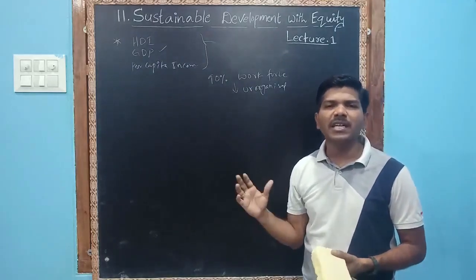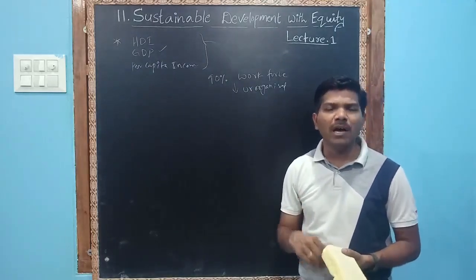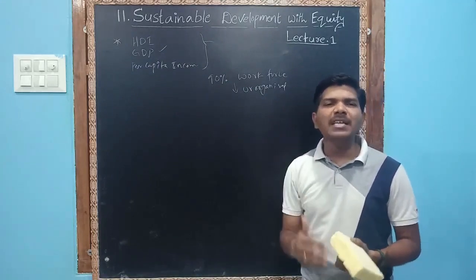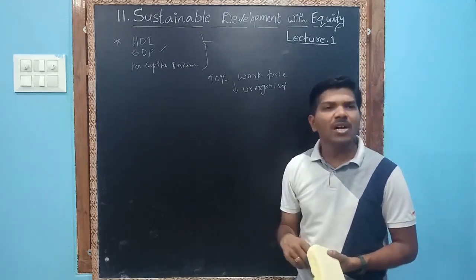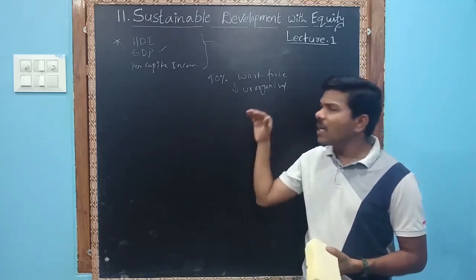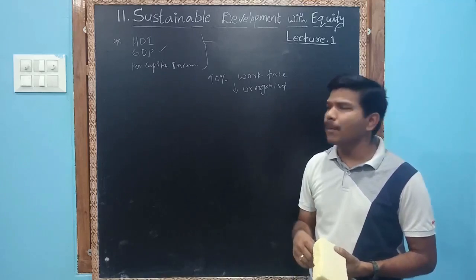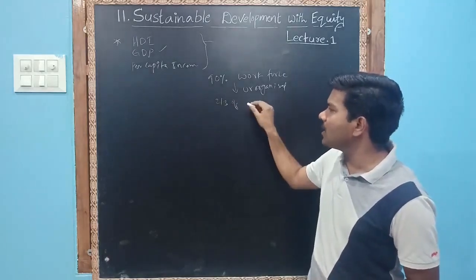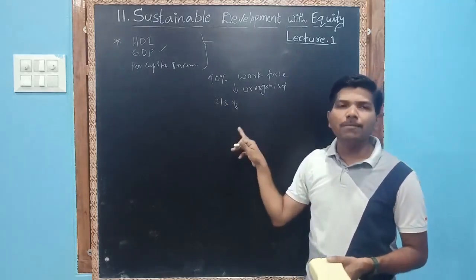Because there are certain imbalances among the haves and have-nots. There are disparities among the poor and the rich. These people mostly work with less income. Two-thirds of the population in India are less paid.